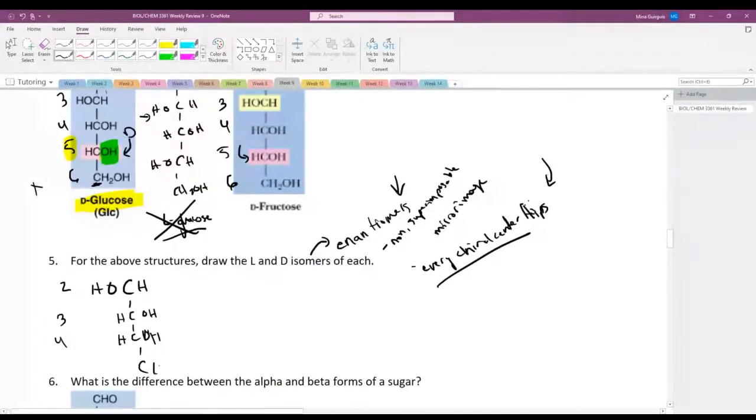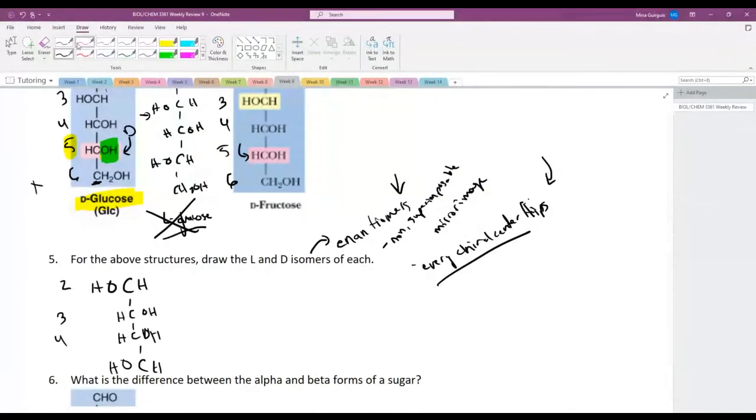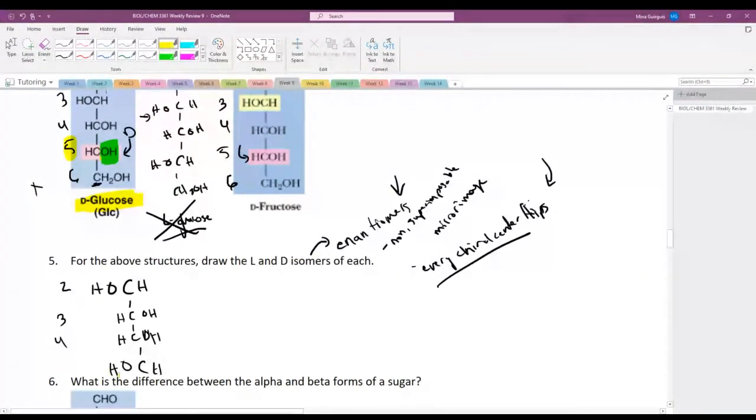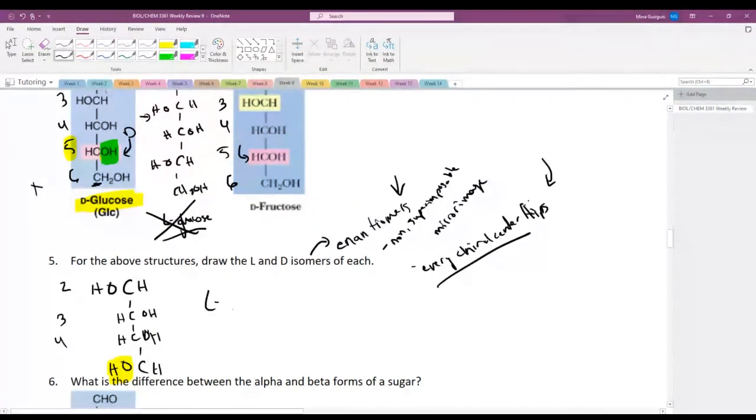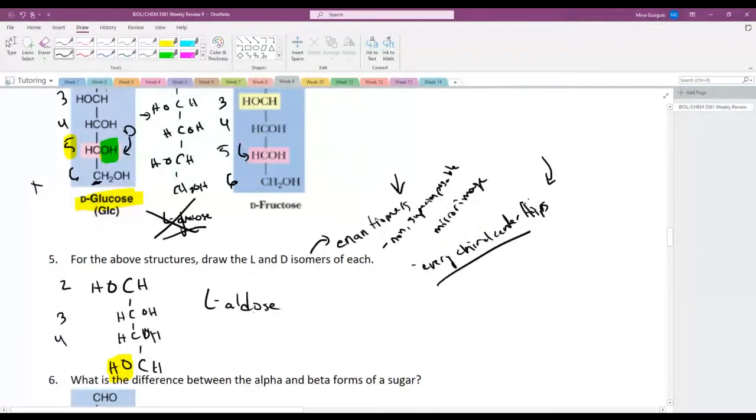Position number 5 is also going to flip. Okay. So let's start off by saying, okay, we can confirm this is indeed L-glucose because, well, the OH is on the left. Cool. All right. We can, or I should say, this is an L-aldose for now. We don't know which one it is, but just based on the fact that that's position number 5, and once again, I left off 1 and 6 for the sake of space because they don't change.